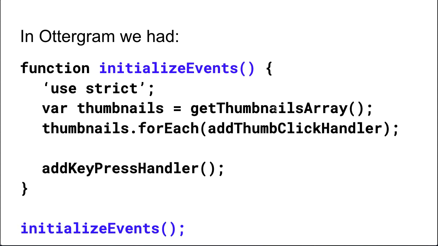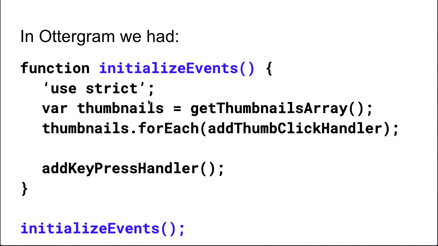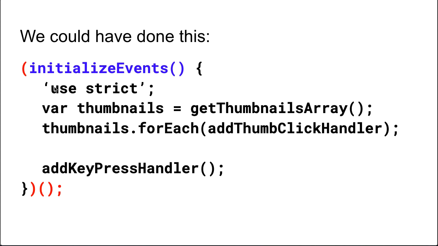We defined it, and then we called it at the bottom. An IIFE defines it and calls it all at the same time. That's the only difference. You'll notice the code is identical. All that these parentheses do is say, run it right now. Don't define it and wait for me to run it later. Run this right now.